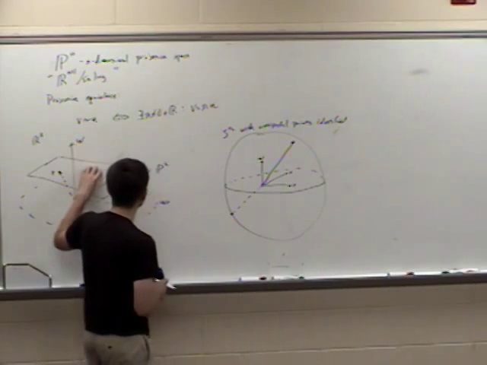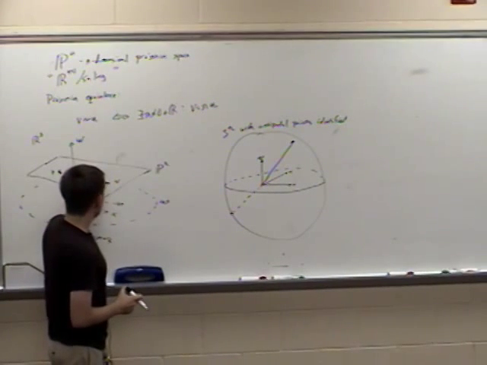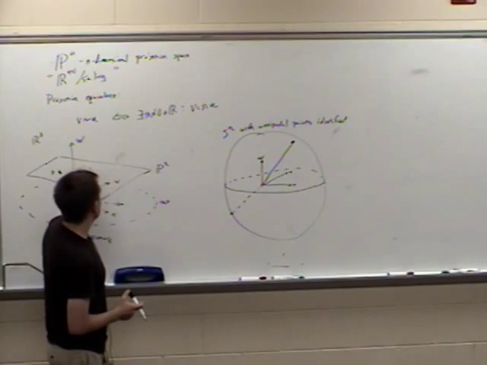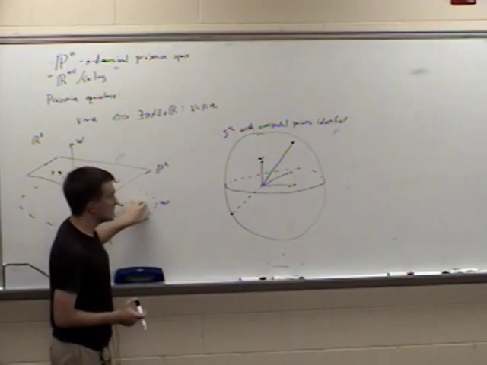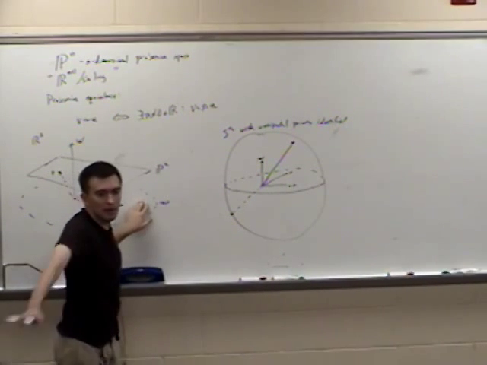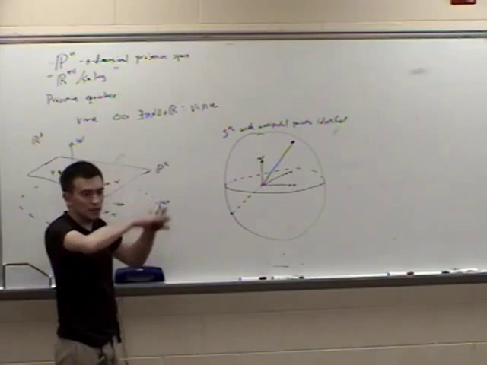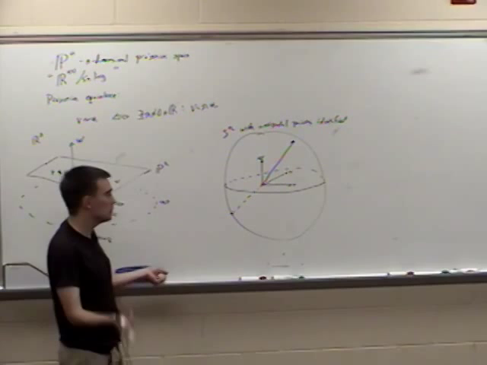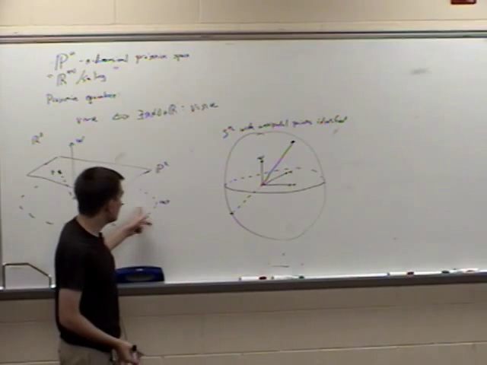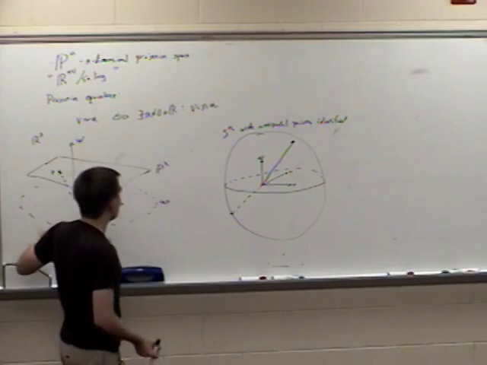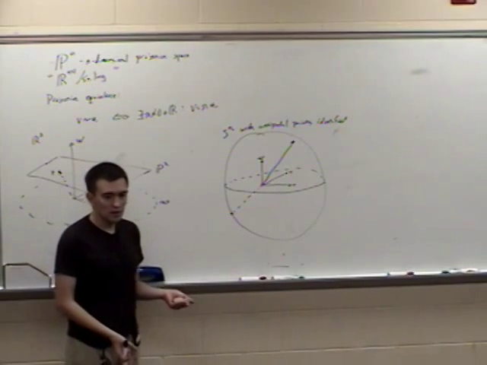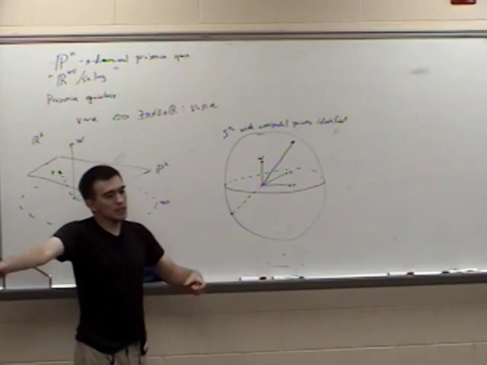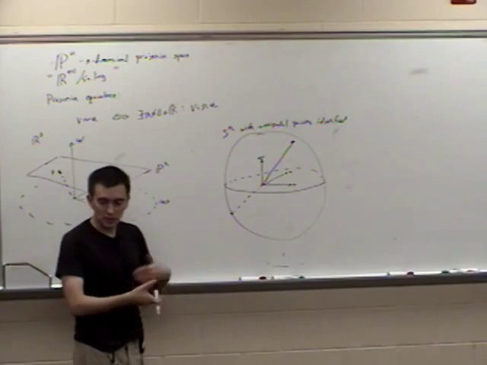So if we look here, in this kind of point of view, we can see that projective space looks basically like affine space, except you have these extra points at infinity that you glued around the boundary of all of affine space in order to make it into a compact space. So now you can actually wrap around or move in a full loop. And what do these points at infinity look like? Well, they look like a projective line that's one dimension lower, right? And then that 1D projective line is again going to look like a 1D affine line plus an extra point at infinity that you glued it together with, and so on.